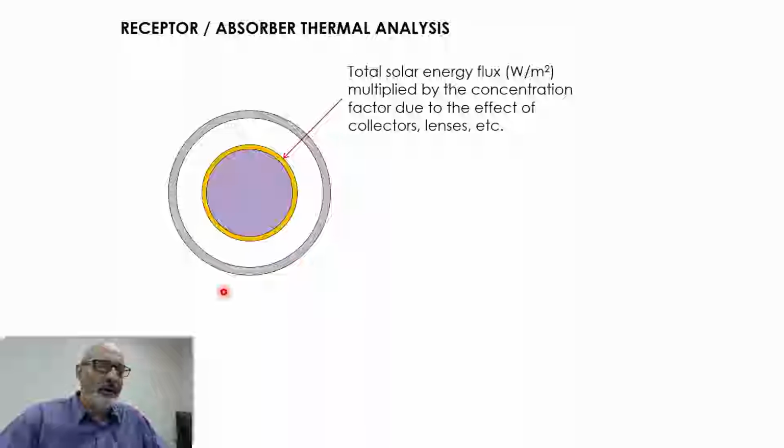The total energy that arrives at the collector tube in terms of watts per square meter is going to be multiplied by the concentration factor, because of the amount of area of mirrors that is reflecting energy to this point here.